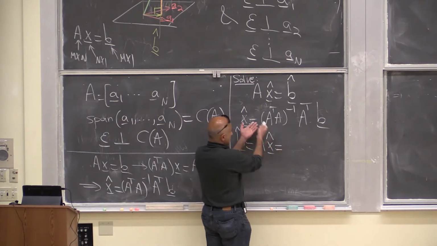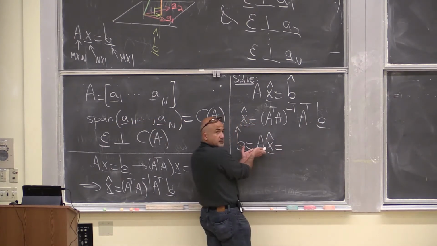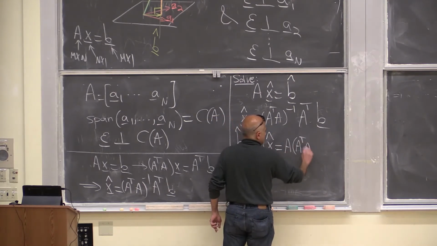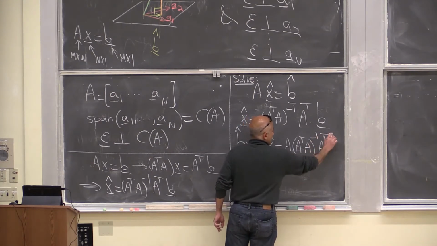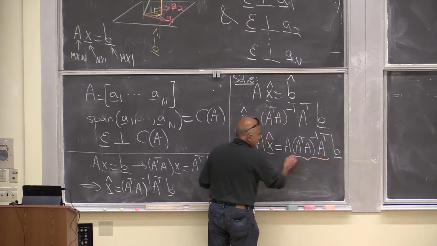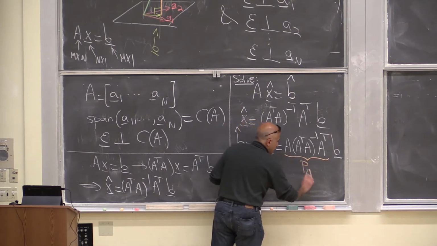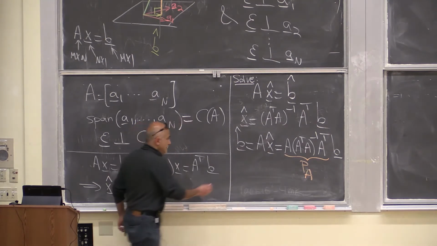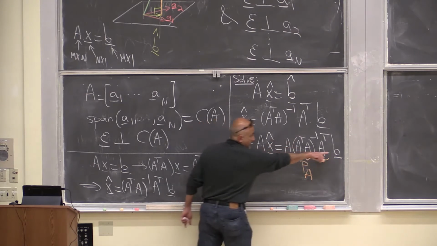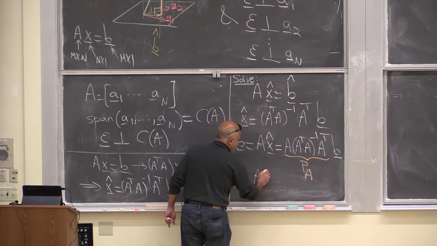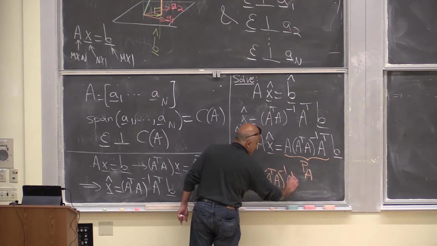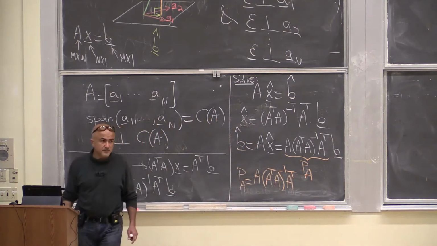So I simply pre-multiply x hat by A. And I have A times A transpose A inverse A transpose B. Now, this matrix I'm going to call PA. It's the matrix that projects any arbitrary vector B onto where? Into the column space of A.